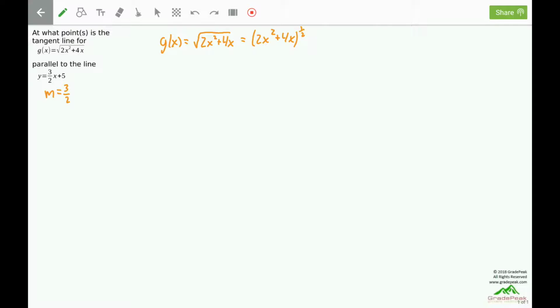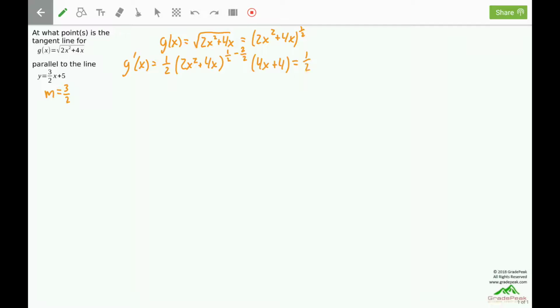The derivative, g prime of x, will be: bring down the power, 1/2, leave the inside alone, 2x squared plus 4x, subtract 1 from the power, so 1/2 minus 2/2, and then multiply by the derivative of the inside to complete the chain rule, 4x plus 4.